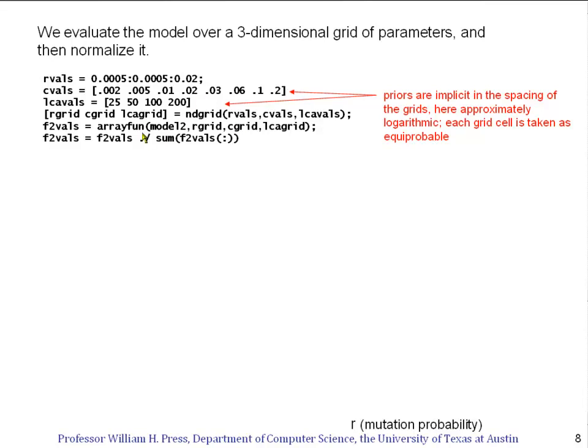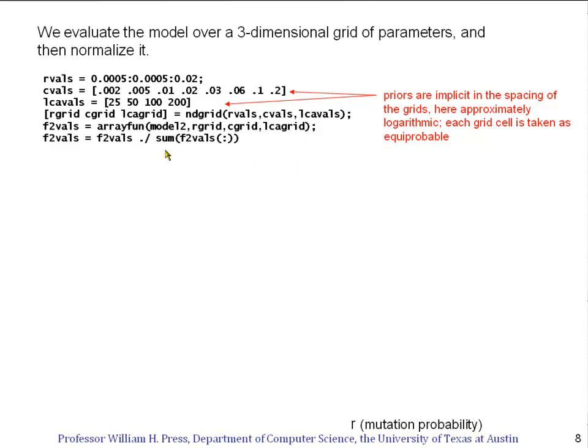So now it's really easy. I simply take the model, which you'll recall was a function of R, C, and LCA, and use ArrayFun to apply that model over the array that I got out here from ndGrid, of every possible value of R, every possible value of C, and every possible value of LCA grid. Now, that's the Bayesian numerator.